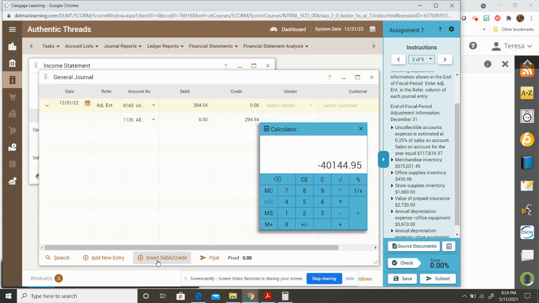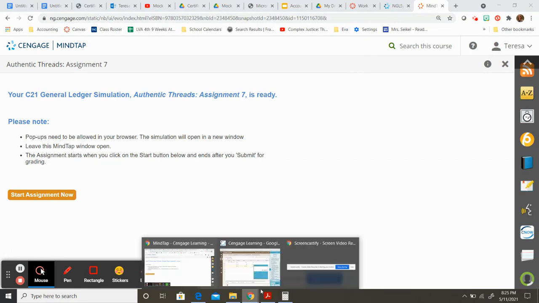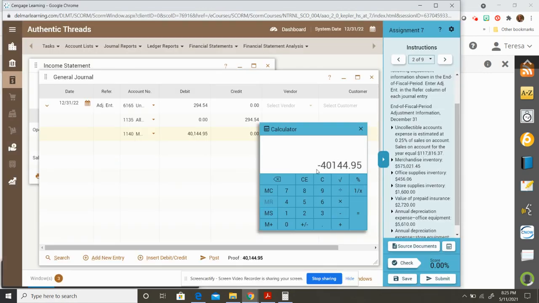So this is going to be my second entry. I'm going to put in merchandise inventory as my debit, and then I want you to look up what your credit would be. You will proceed in this manner with office supplies inventory, store supplies inventory, and value of prepaid insurance.